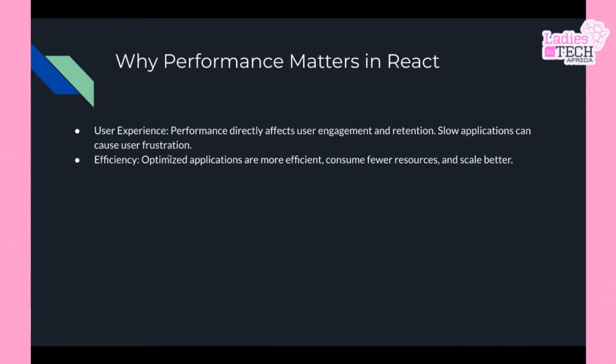Now, for efficiency, optimized applications are more efficient and consume fewer resources. Using fewer resources is very important. An example of a resource that is used whenever a website is loading is something we all know: memory. When the website loads fast, or the load of data is very low, the website will be fast.